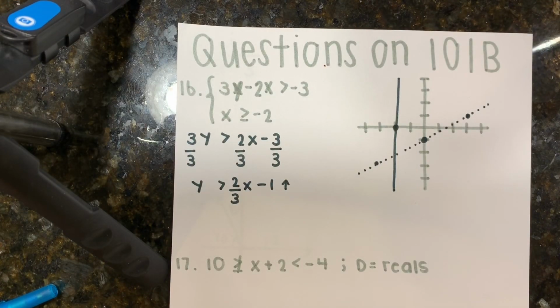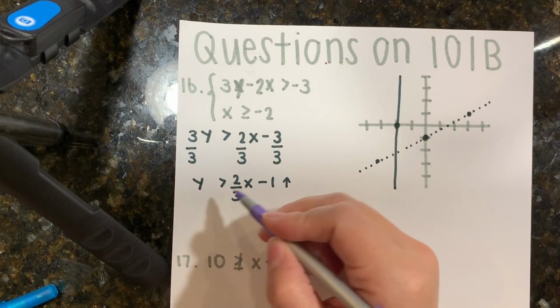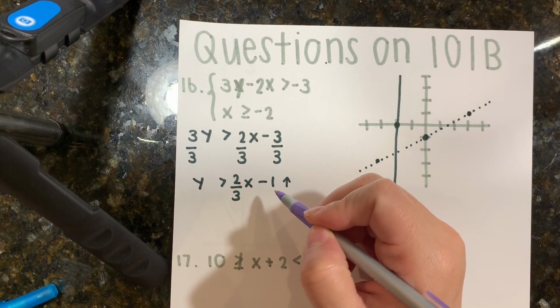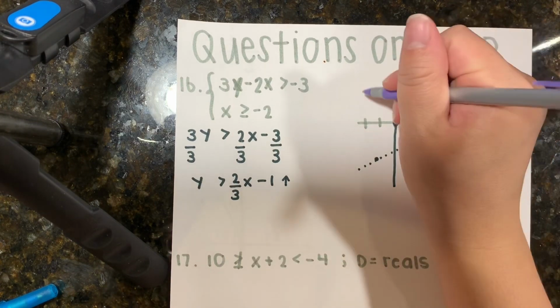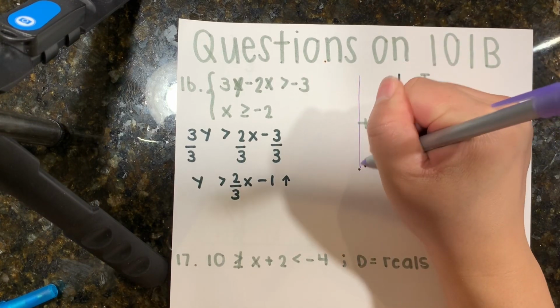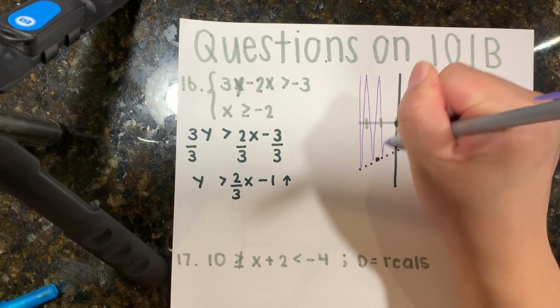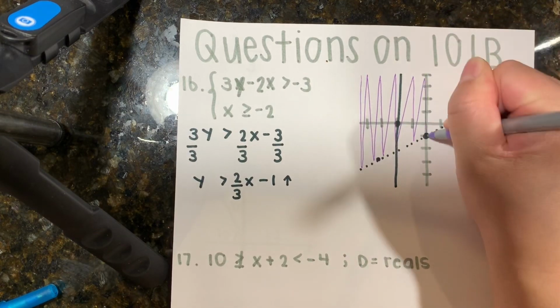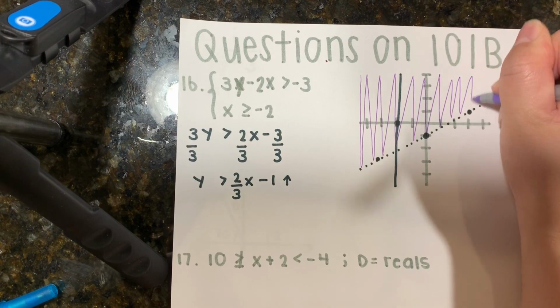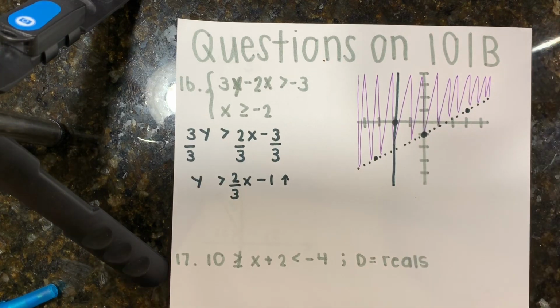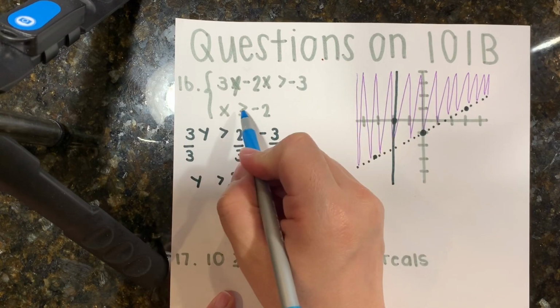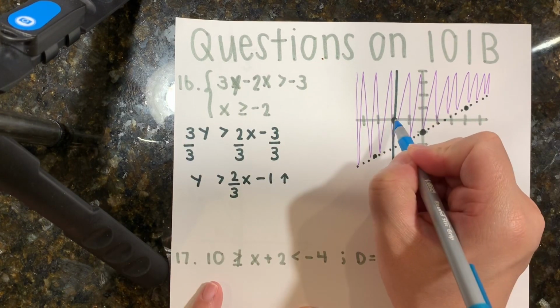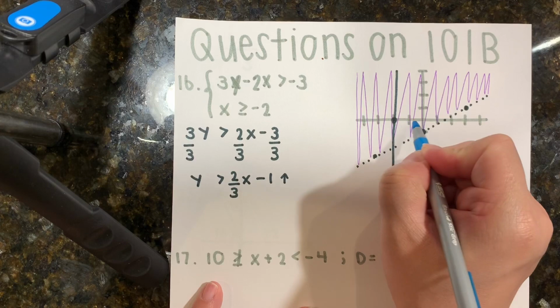Okay, so now we're going to start with the shading. So for this first one, where we have the dotted line, we're going to shade everything above it. So greater than means above. So that means I'm going to shade everything above this line. Like that. And then when it says x is greater than -2, everything greater than -2 would be everything to the right of it.